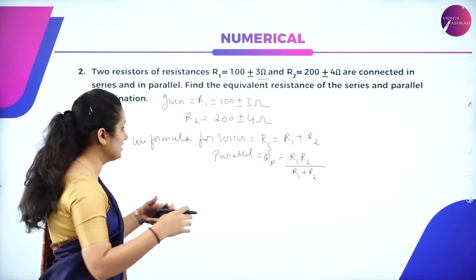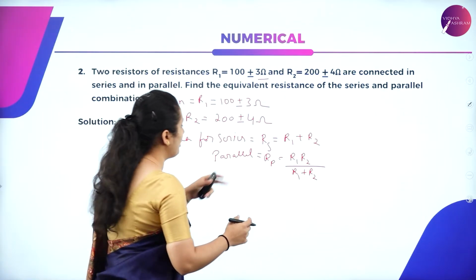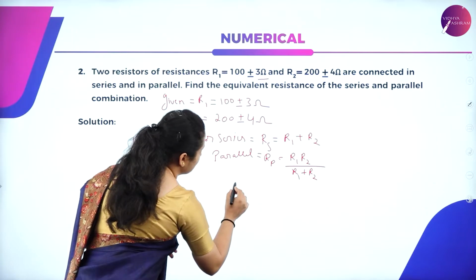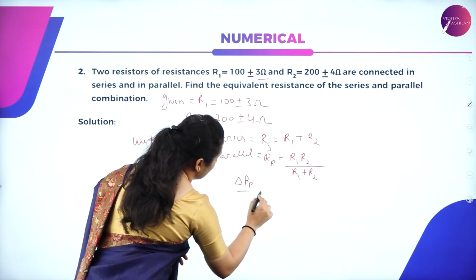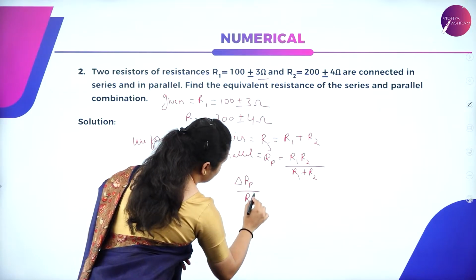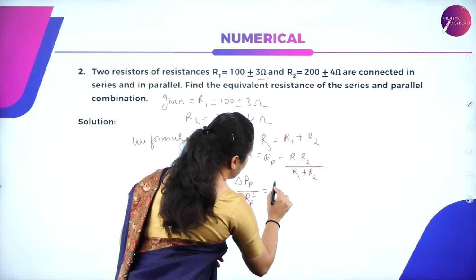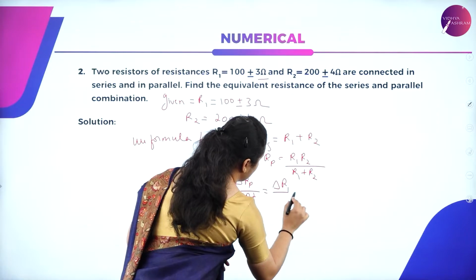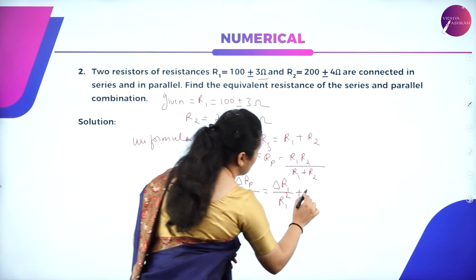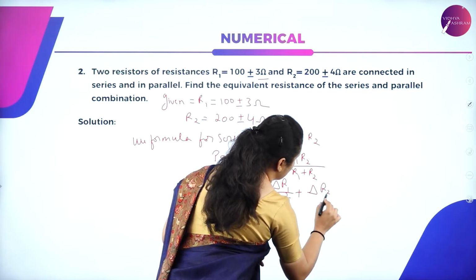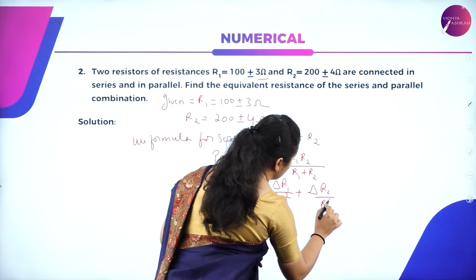With error, when it is with error, the formula for parallel will be delta Rp by Rp square is equal to delta R1 by R1 square plus delta R2 by R2 square.